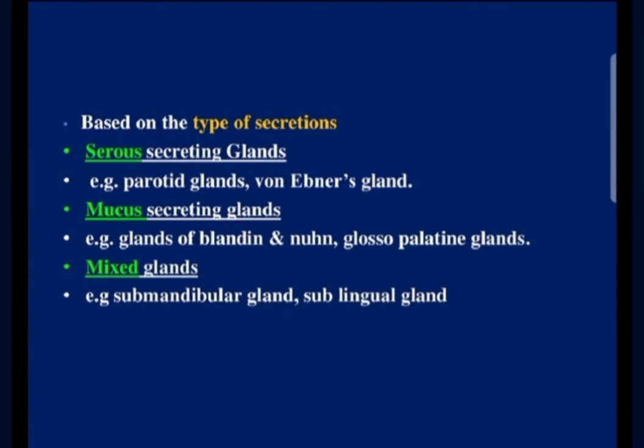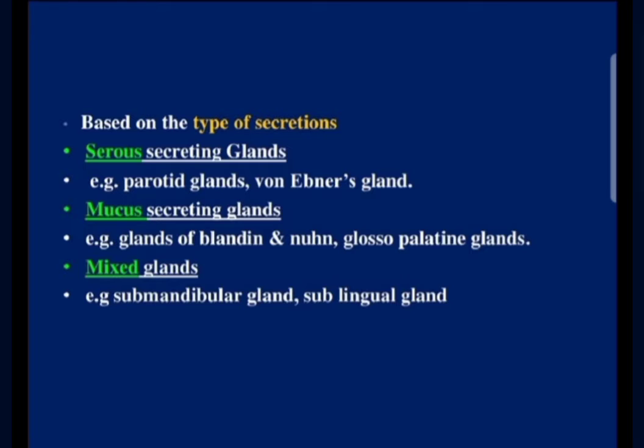Based on the type of the secretion, we have the serous type. As regards the serous glands, the parotid gland is purely a serous type of gland. The sublingual is mucus.